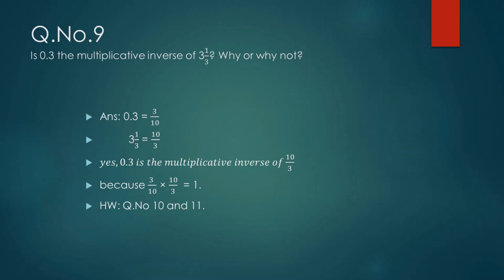So 3 3 are 9 plus 1 is 10, means 10 upon 3. So yes, 0.3 is the multiplicative inverse of 10 upon 3, because 3 upon 10 into 10 upon 3 is equal to 1. Now remaining question number 10 and 11 do as homework.